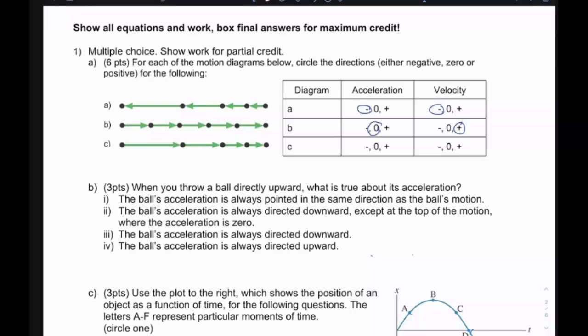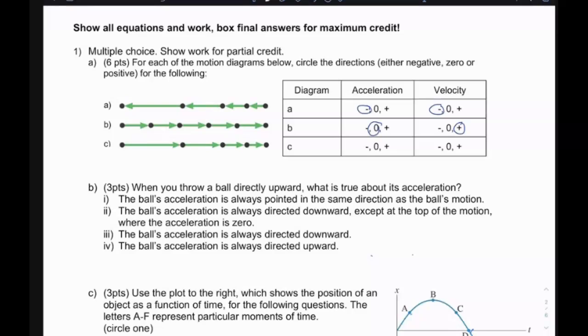In Part C, this object is also moving towards plus x, so its velocity is also positive. But its spacing is getting smaller as it moves towards positive x, so the sign of the acceleration must be opposite to the sign of the velocity.